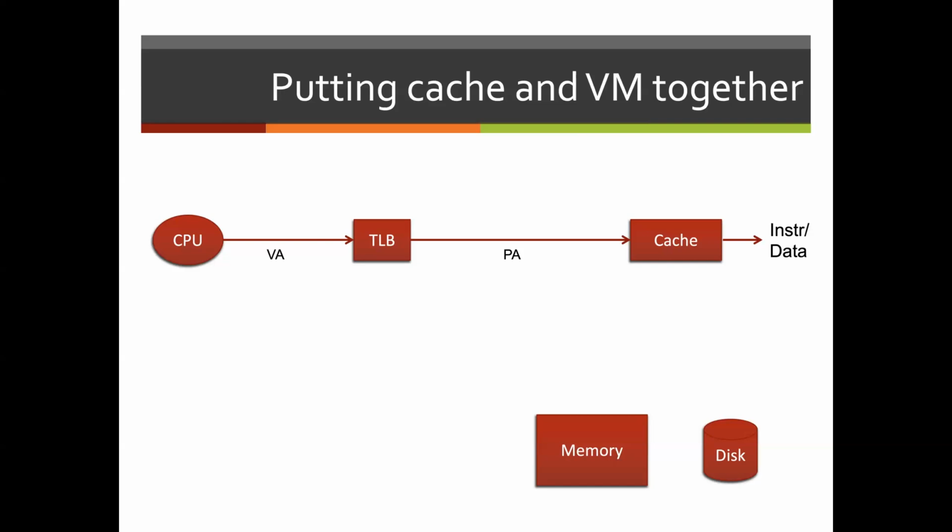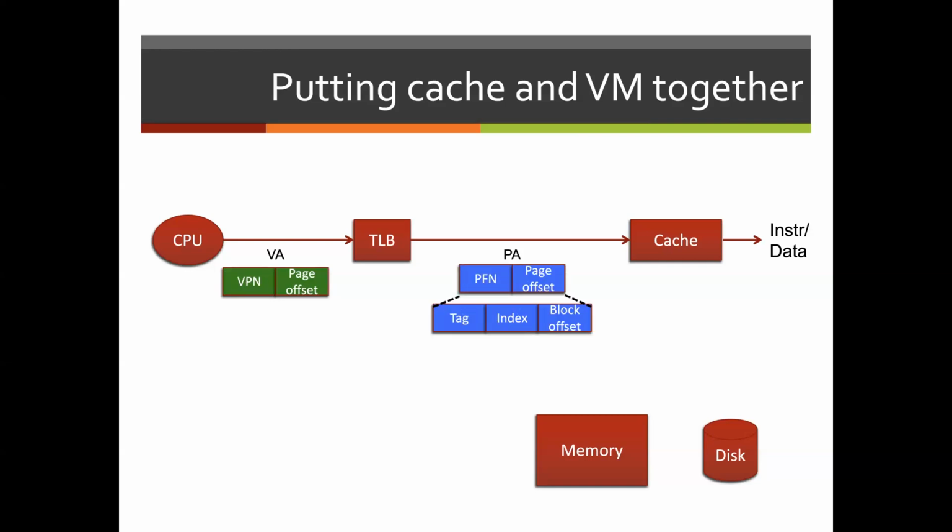This is based on how the VPN is broken up into the tag and index fields for the TLB. So we have our virtual address with the VPN and page offset, and we have our physical address with a PFN and page offset, also represented by tag, index, and block offsets.